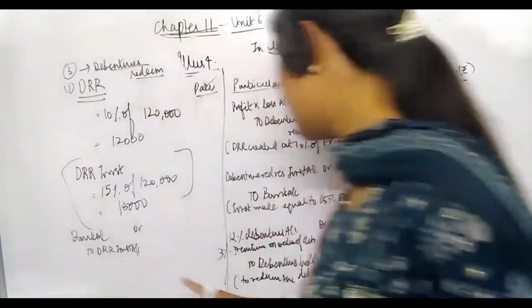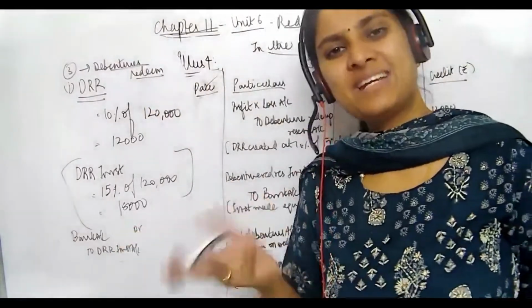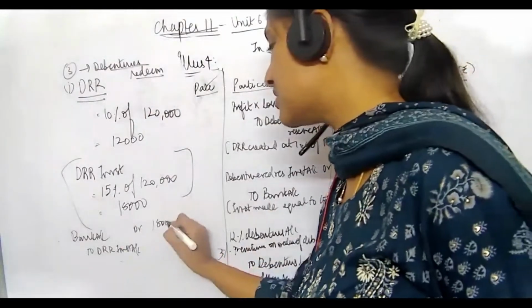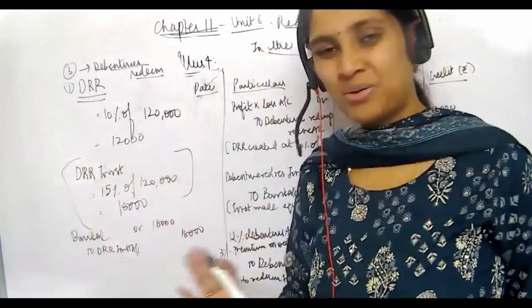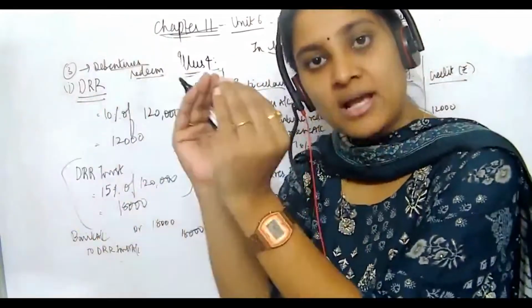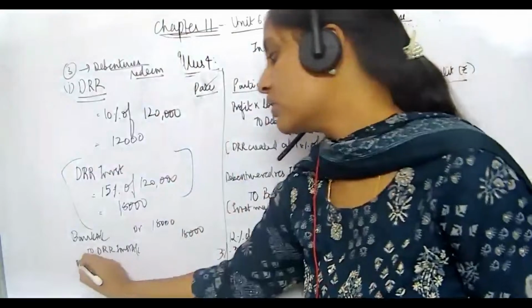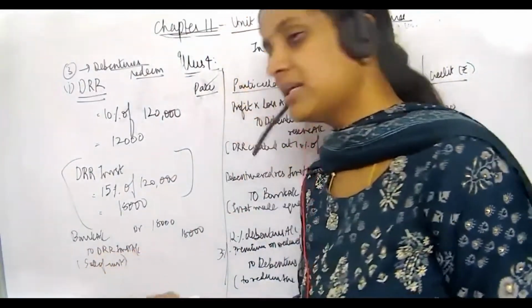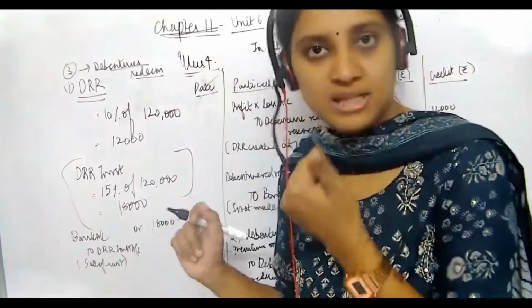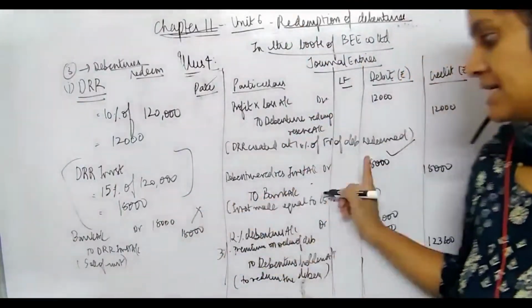What is the DRR investment value? I created 18,000, and I am selling 18,000. No change. You need not worry about adding or subtracting. I created the DRR investment, and now I am selling it at the same value, because you need the money to repay the debenture holders. So this entry I passed, and I closed that entry.